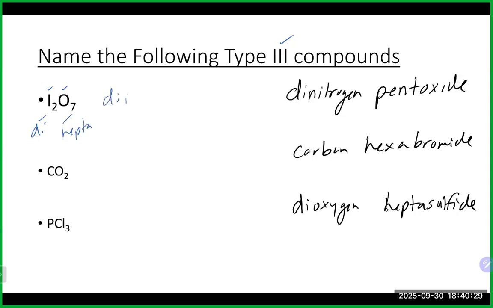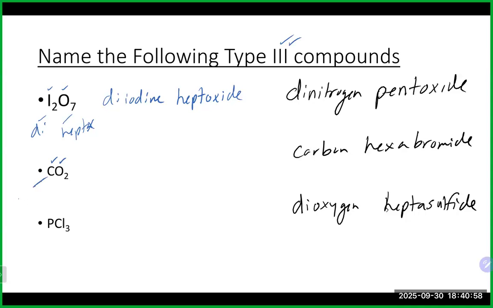So diiodine, again, we're going to use the whole name of the first one. The second one we'll use our prefix and the IDE version here. Here we are going to drop the A off of the prefix as we have an A and an O. That would back up, obviously, if you just kind of put it together. So diiodine heptoxide.